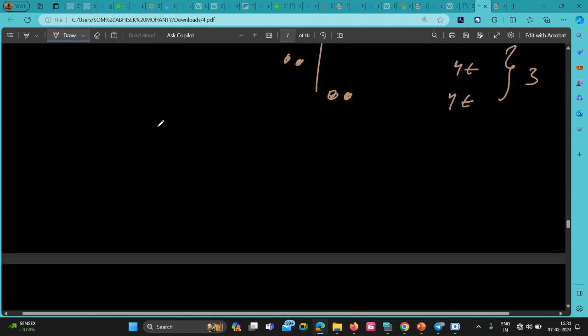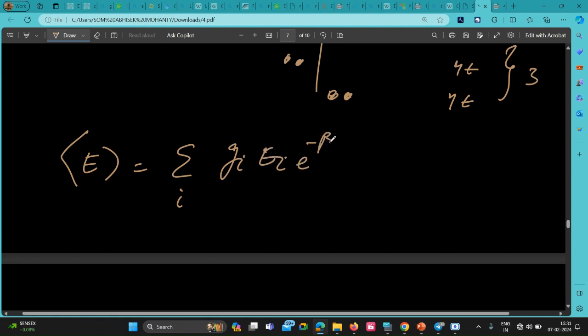We know what the average energy is. Average energy is equal to the summation of g_i E_i e to the power minus beta E_i, divided by the partition function.